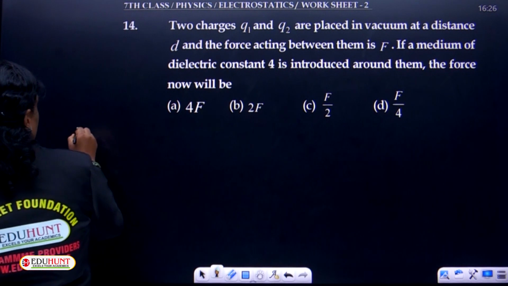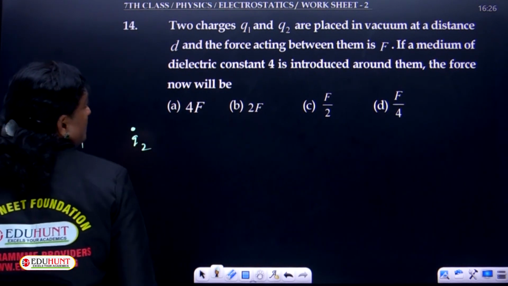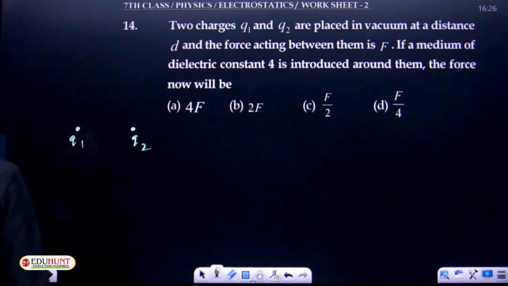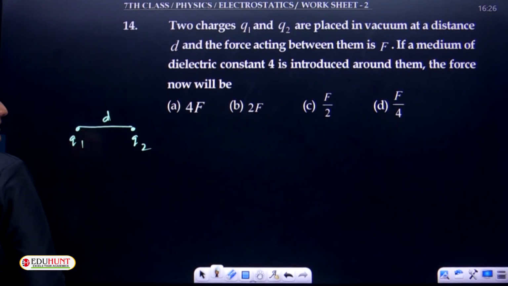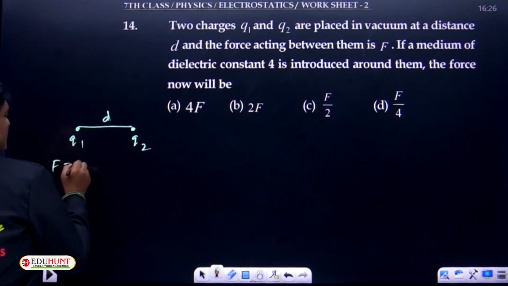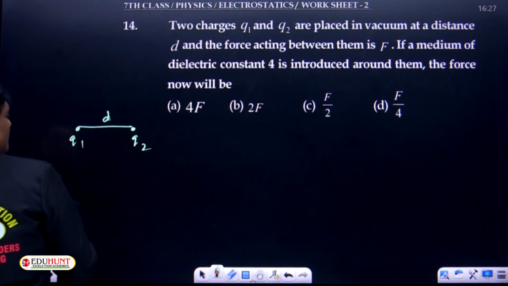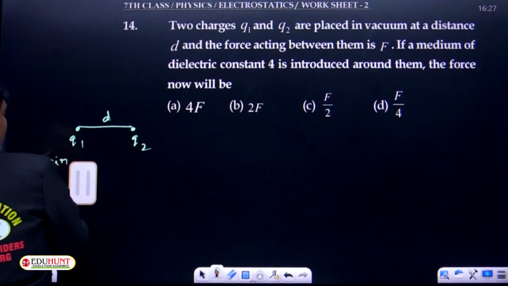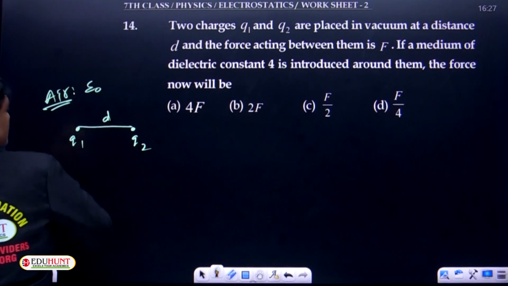So how many charges are there? Two charges, one is Q1, the other is Q2, placed in a vacuum at a distance D. Now the force acting between them, F, in air is with epsilon naught.